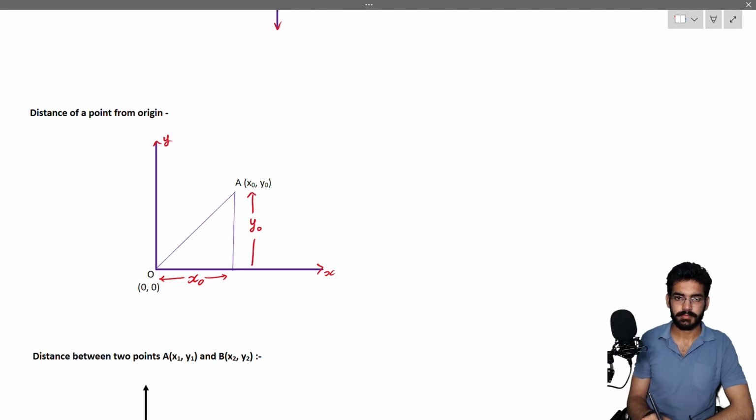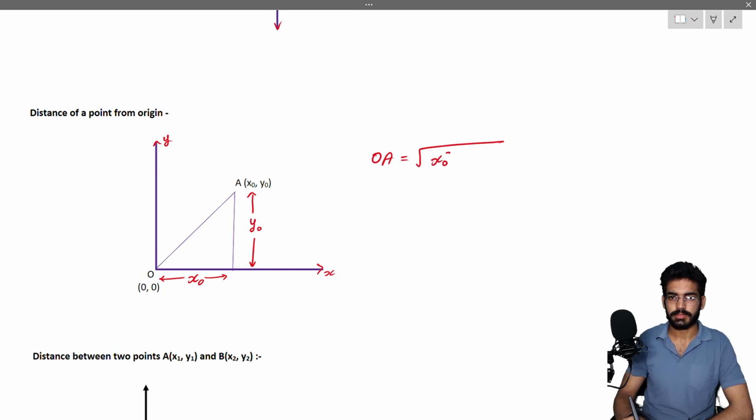Now according to the length of OA, I can apply Pythagoras theorem, and I can write this as under root of x naught square plus y naught square, right? So this is the formula for calculating the distance from any point from the origin. Okay, understood. This is very important, you have to remember.